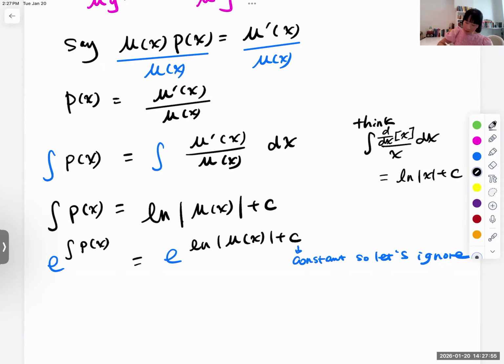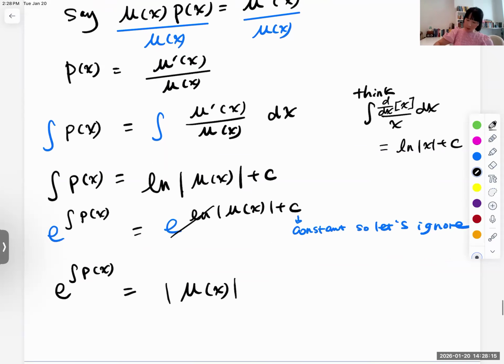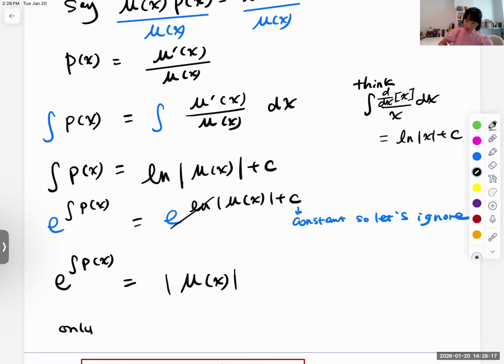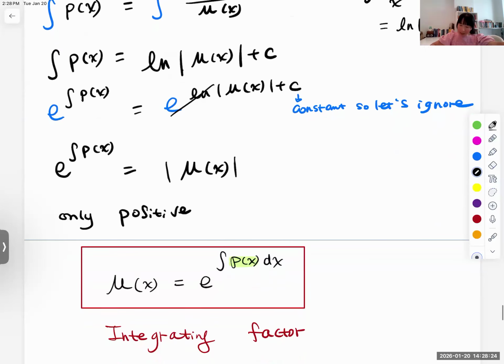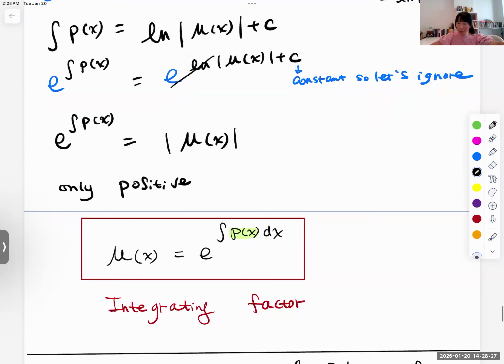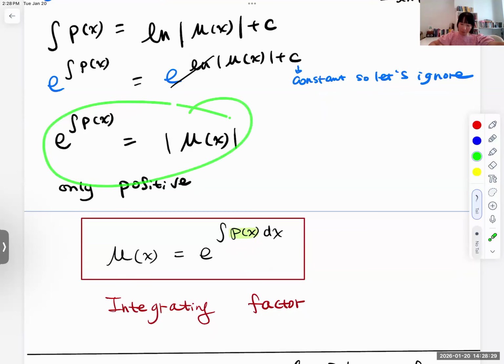So we have e to the integral of p of x equal to the absolute value of mu of x. The e function is always positive, so only the positive. Now we call this the integrating factor.